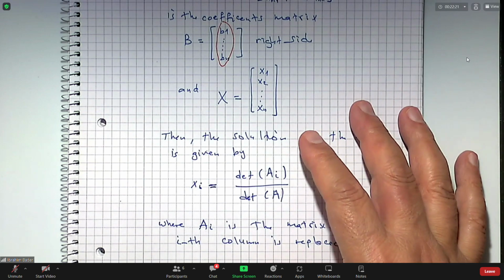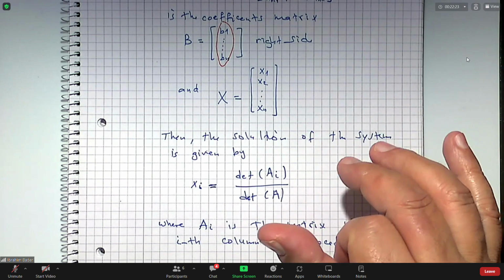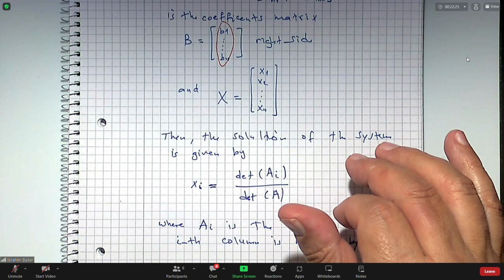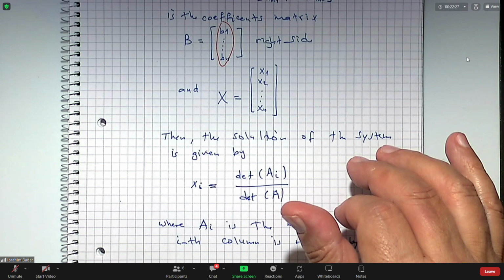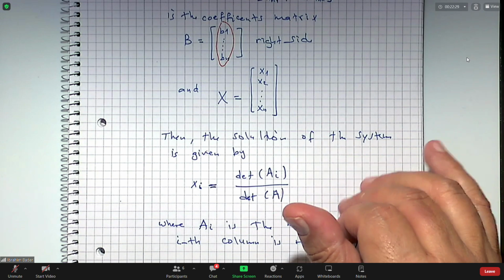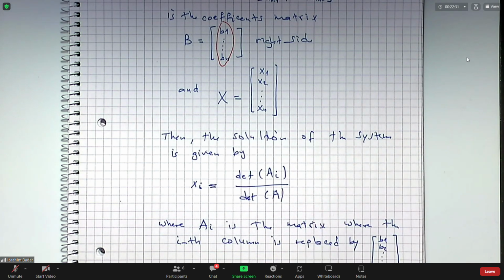Now, another thing that is nice about this method is that when you solve a linear system using the previous methods, you need to solve the entire system. That means you need to find the value for x, y, z, and so on. But in this particular one, you can solve the linear system for only one particular variable.